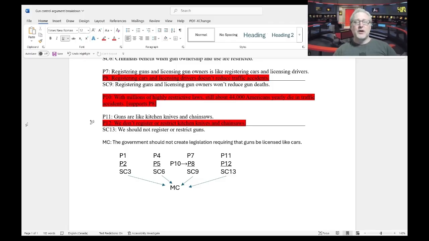So that seems to be a very relevant difference. So I would say that the argument by analogy would fail, even if the claim that we don't register or restrict kitchen knives and chainsaws were true, which it isn't. So much for the subordinate arguments.